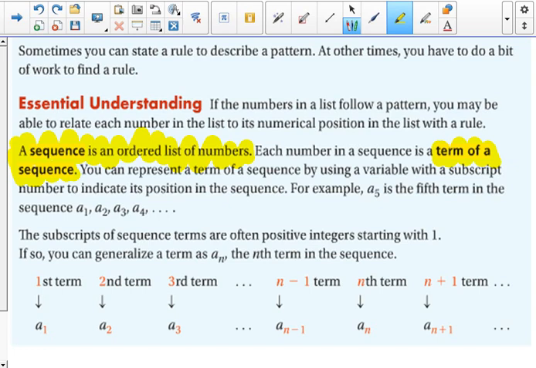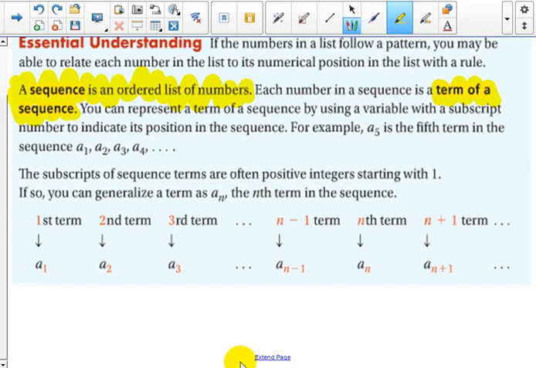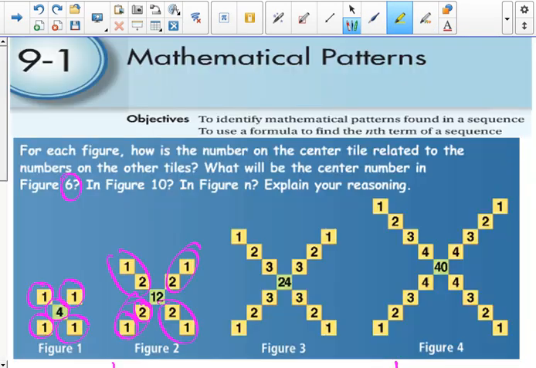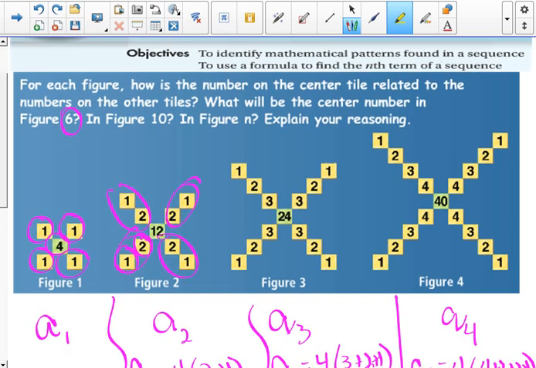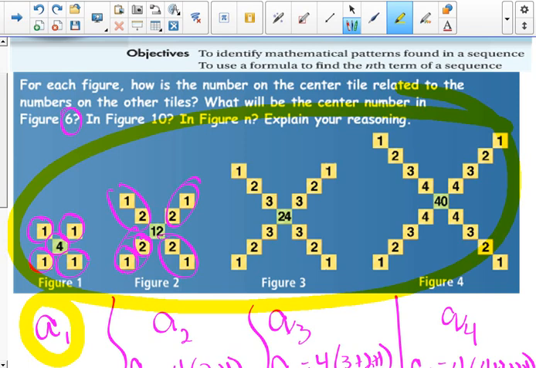So, a sequence is an ordered list of numbers. Each number in the sequence is a term of the sequence. Let me back up to this thing. This whole sequence right here, this A1 is my first term in the sequence, second term, third term, fourth term.